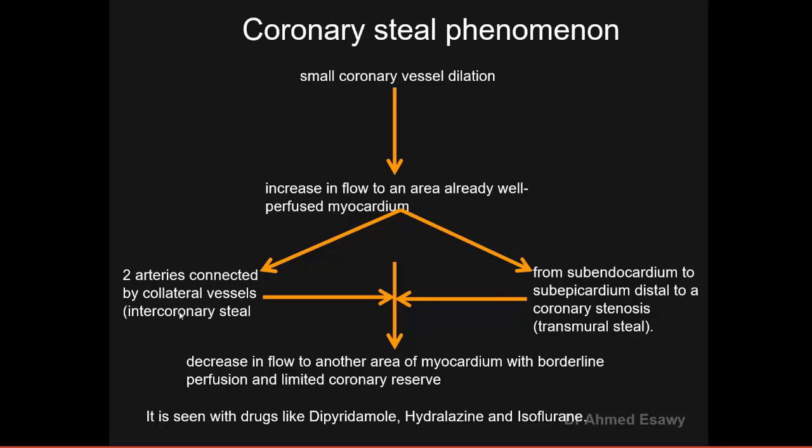Two arteries connected by collateral vessels cause intercoronary steal, or flow from subendocardium to subpericardium distal to coronary stenosis causes transmural steal. Steal occurs through these two mechanisms, both leading to decreased flow to another area of myocardium with borderline perfusion and limited coronary reserve.